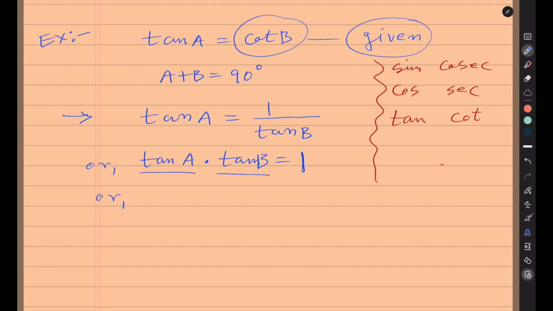Okay, so instead of giving the very direct solution, let us try to just do a few things. For example, tan A could be written as sine A divided by cos A, and then multiplied by sine B divided by cos B, and that is again equal to 1, isn't it?